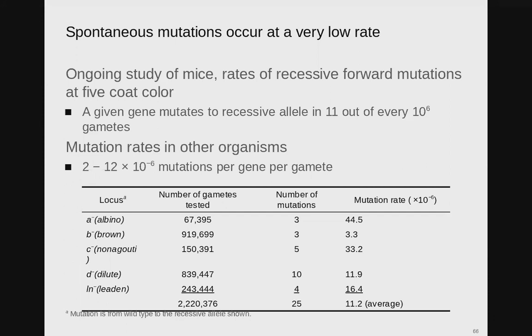So from an evolutionary perspective, from a genetic perspective, not too common, right? If you have to produce 1 million gametes to get 1 mutation in a gamete, that's not very common. And the rates of mutation in somatic cells are equally uncommon, 1 in a million.